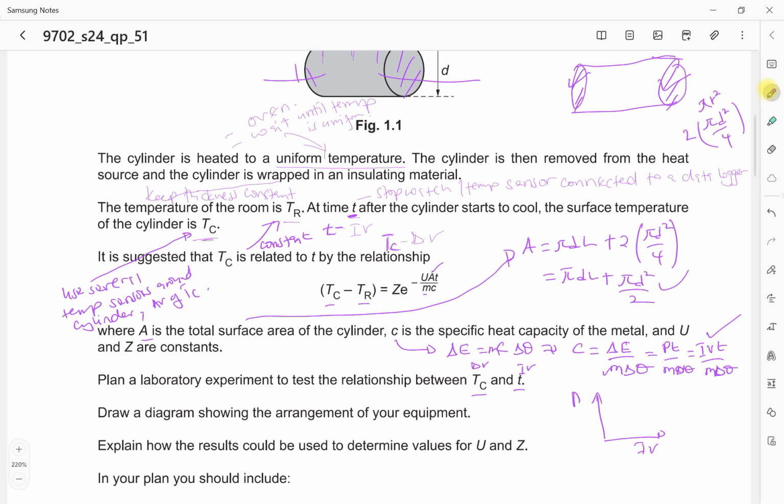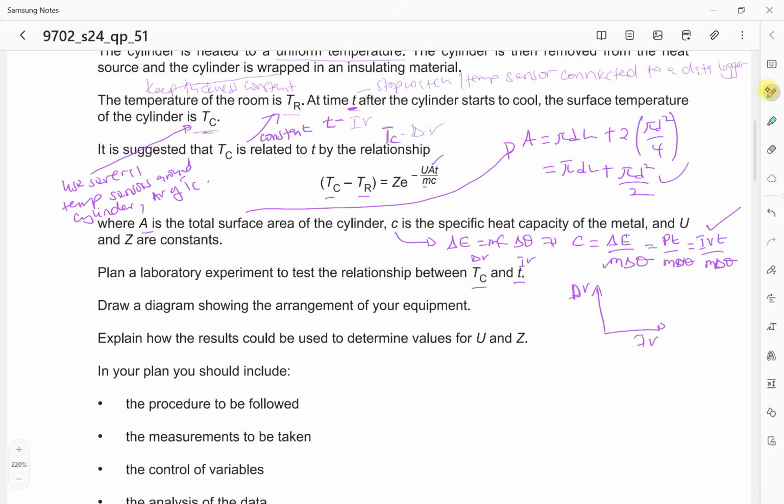So I must make sure that the dependent variable, or something related to it, is the subject. In that expression, because I have e power, I'll introduce ln or log. So I'll say ln of Tc minus Tr. This is fine. Instead of making Tc the subject, it is still fine to have Tc minus Tr.